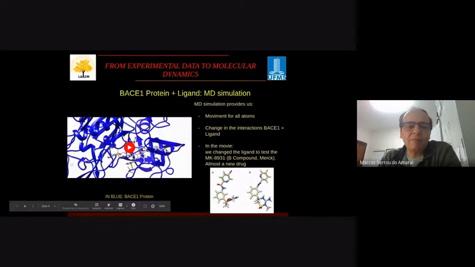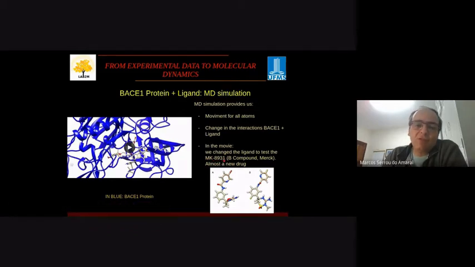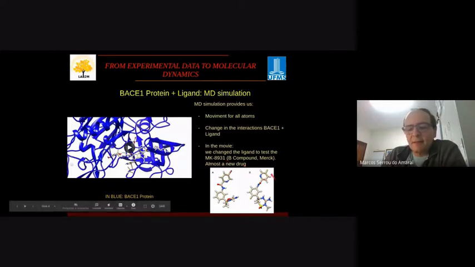I'm showing another one, MK8931, in this complex. This is the molecule.